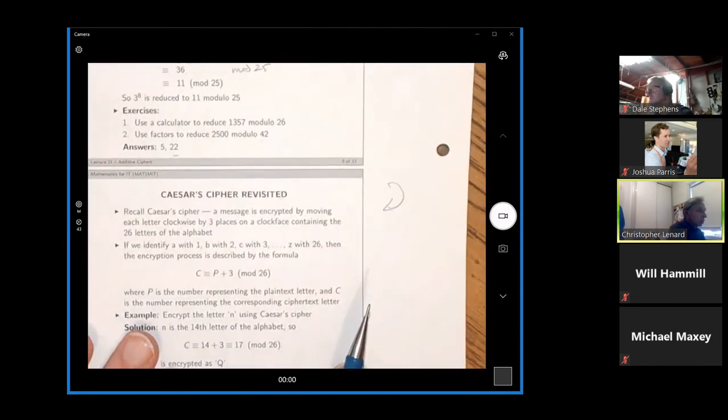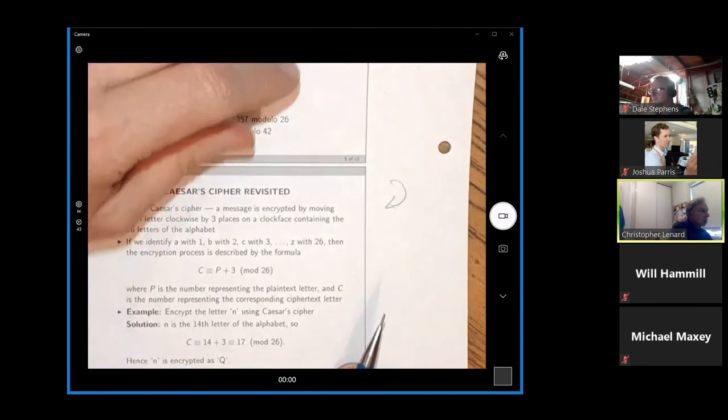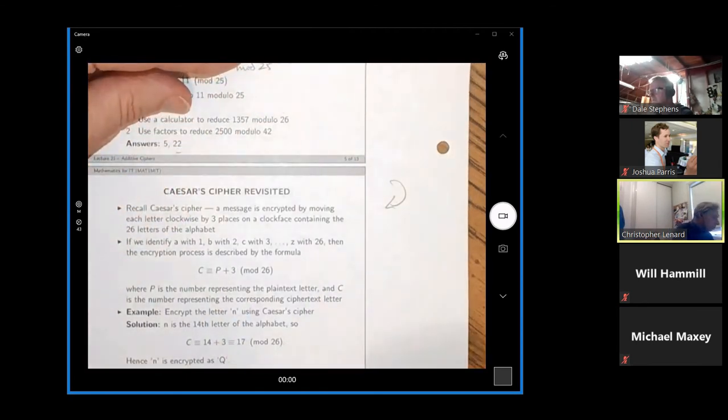So bearing that in mind, that idea of wrapping around, remember that lowercase we're going to identify with the plain text, and uppercase we're going to identify with the ciphertext, except here, this is a little bit different.